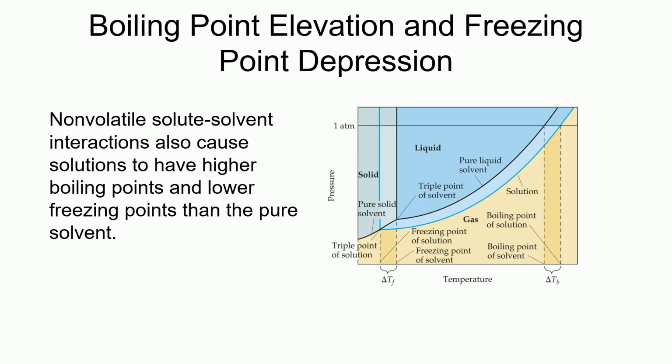Well, now that we've talked about Raoult's law, we want to look at the phenomenon of boiling point elevation and freezing point depression. The first part of this, the boiling point elevation, is directly related to the fact of vapor pressure lowering.